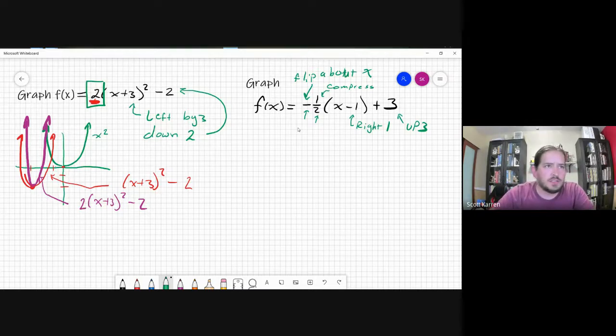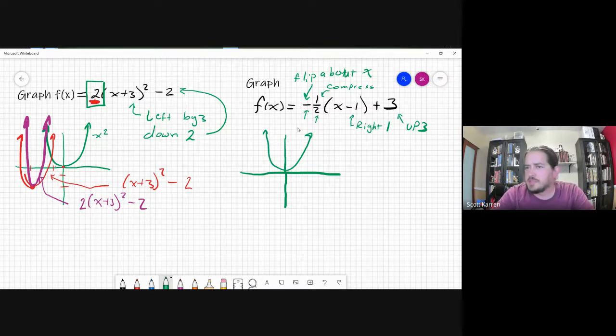Once again, if I just look at what's happening, this is an x squared graph that just goes through those 4 changes. And so normally, if my graph would look like this, I can do that compression first. It's sometimes easier to do the compression first rather than moving it and then stretching or compressing. But this is just my regular x squared.